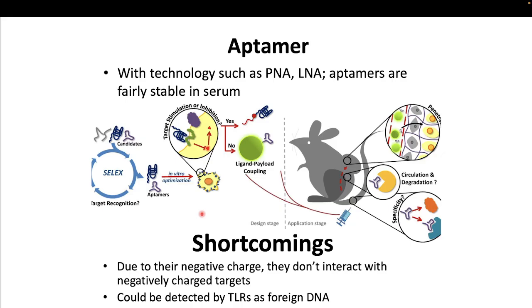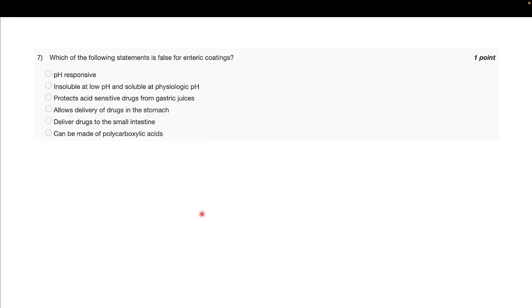Let's look at the next question then. Next is which of the following statements is false for enteric coatings? One correct answer. Allows delivery of drug in the stomach. Okay, 1, 2, 3, 4.